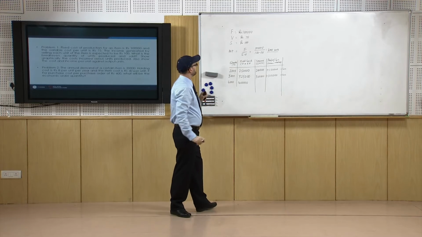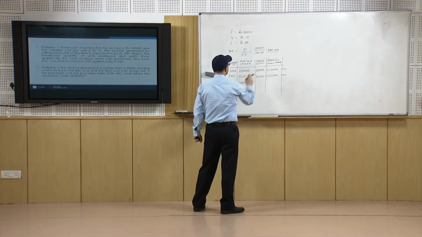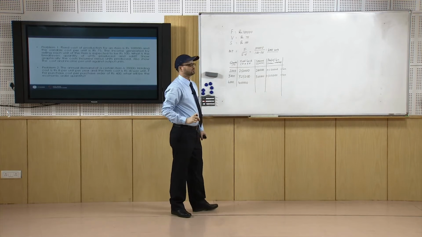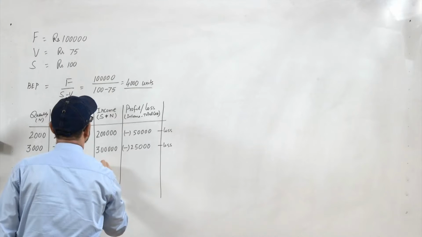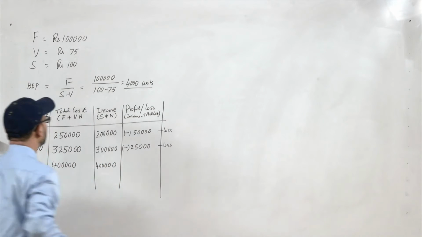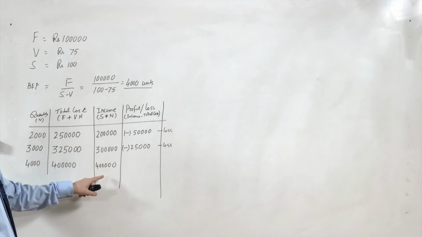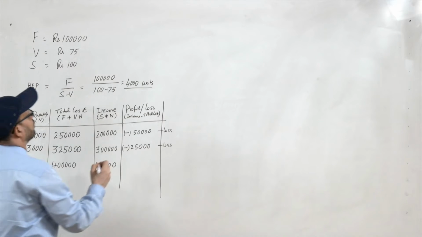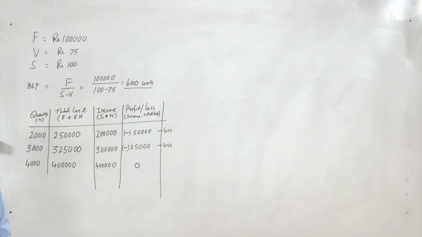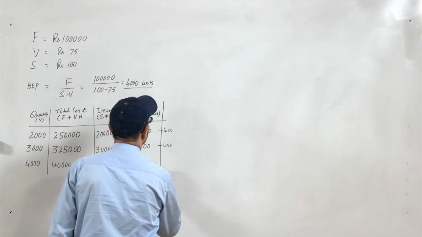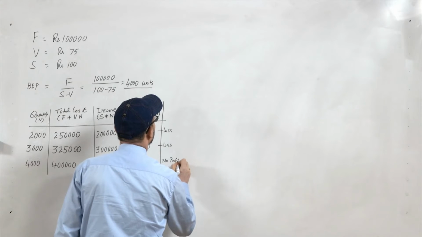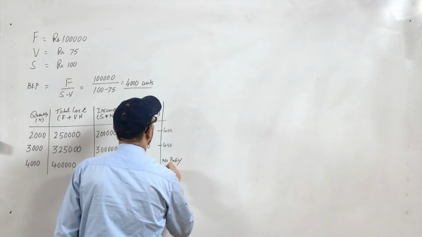The income is S into N, S is 100 and N is 4,000, that is 4 lakh. What we see is income is equal to total cost. So, you have 0 profit or 0 loss. So, we can say this is no profit, no loss.